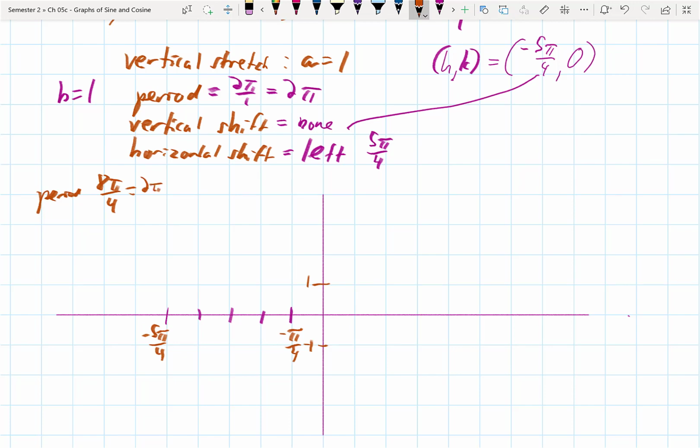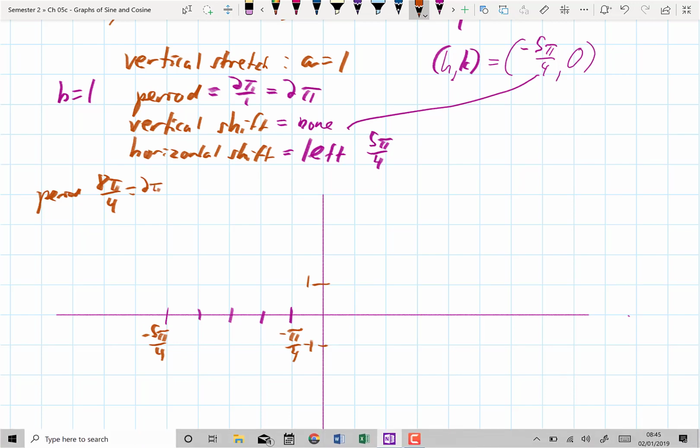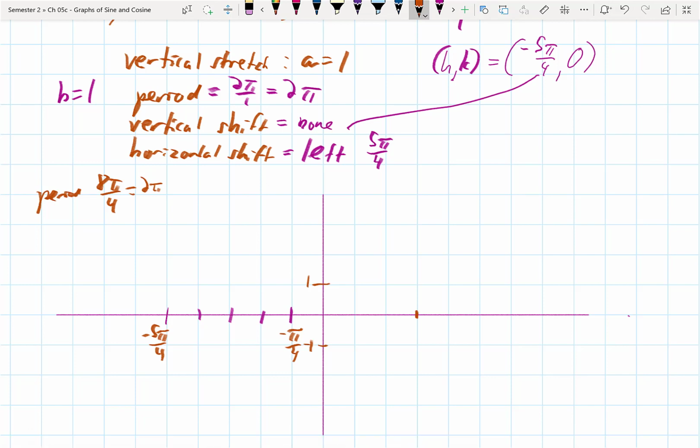That means that I need to count right 8 boxes and end up here at the end of my period, because my scaling has been done differently. So this actually represents now 3 pi over 4. I've gone from negative 5 pi over 4 to 3 pi over 4, and this is one unit of this graph.